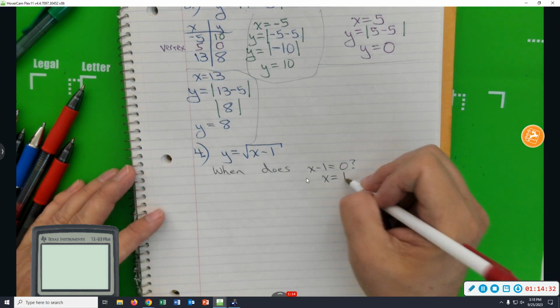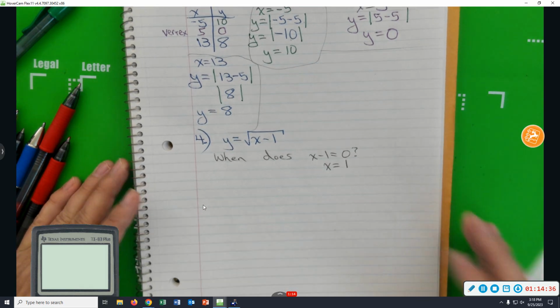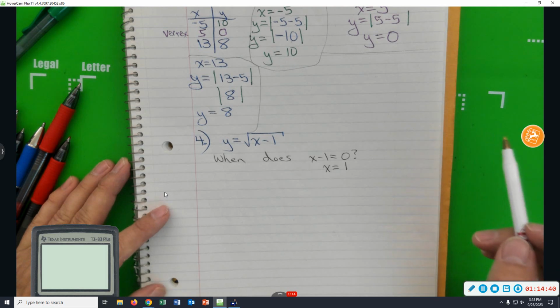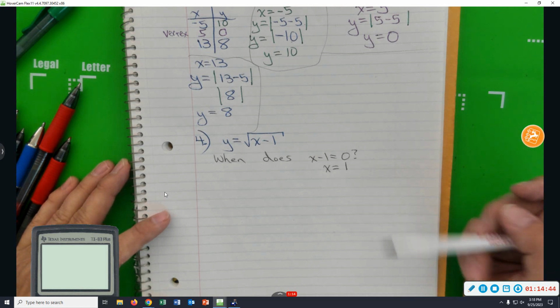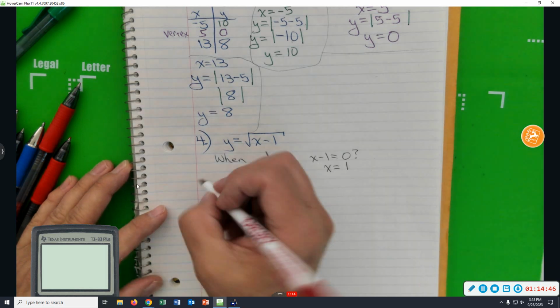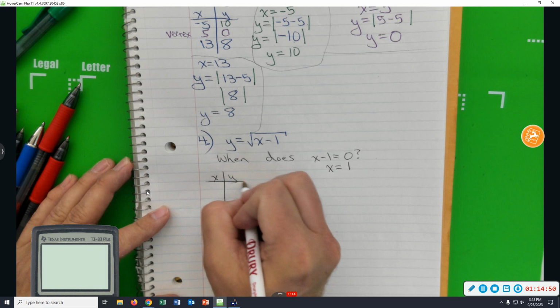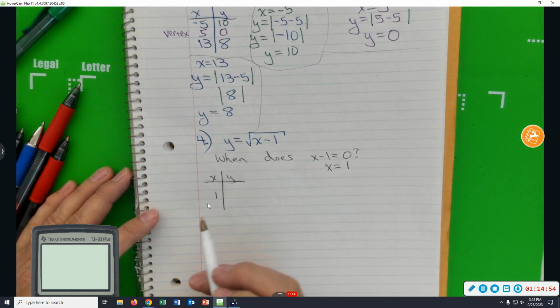Okay, that's going to be the starting point on the graph. One side of 1 on the x-axis will give us real numbers that we can plot. The other side of 1 will give imaginary numbers. We're going to have to plot 1.